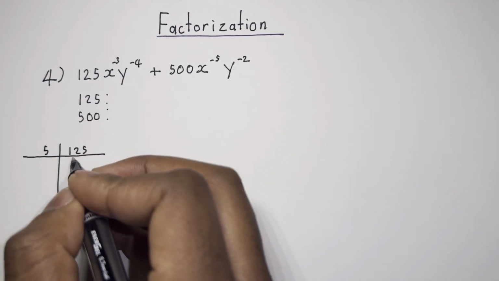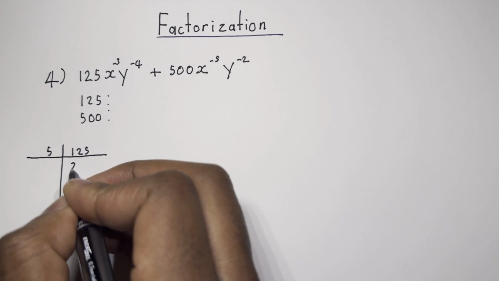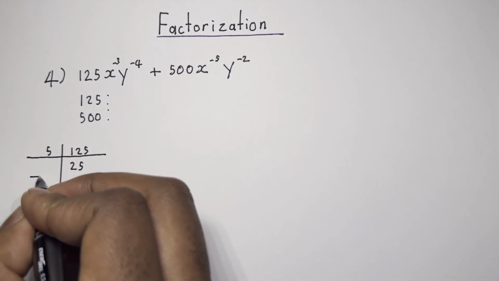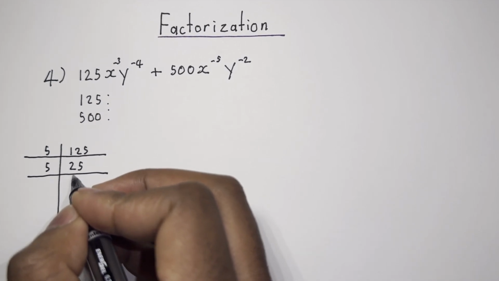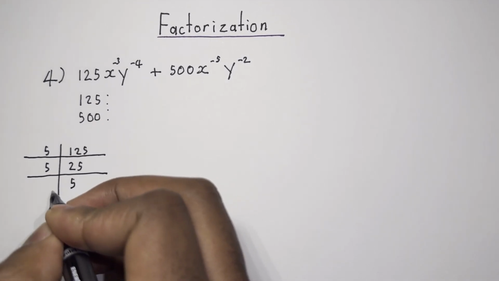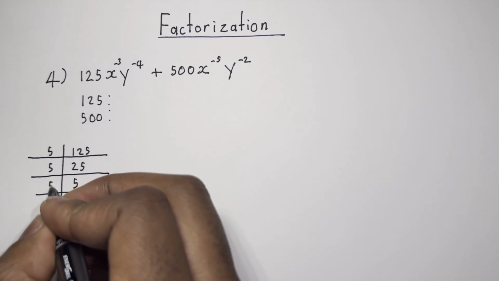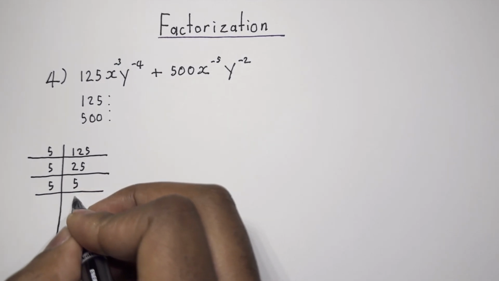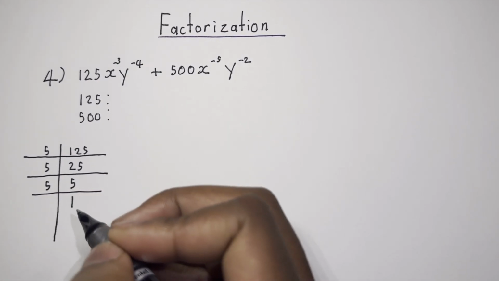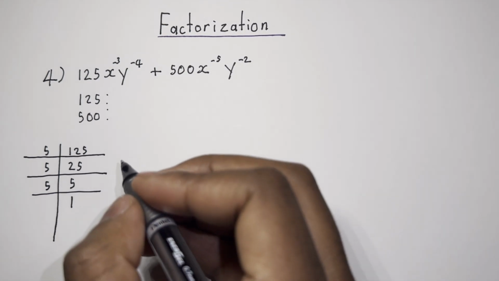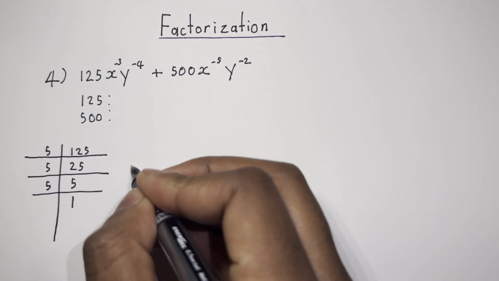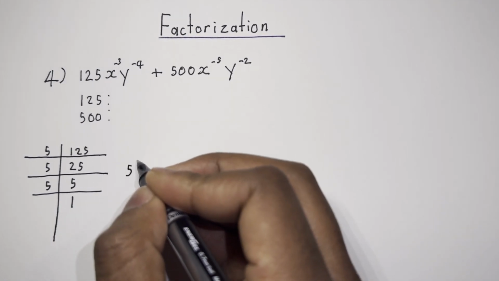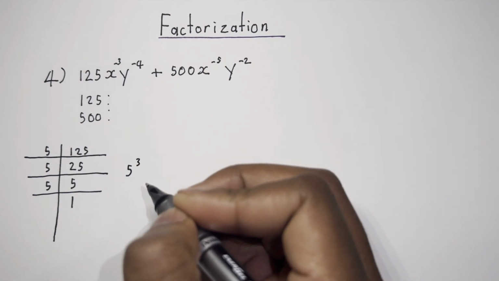5 into 125 goes 25 times. 5 into 25 goes 5 times. 5 into 5 goes 1 time. Therefore, from our prime factorization, we get 5 cubed.